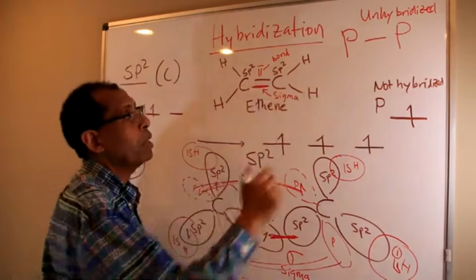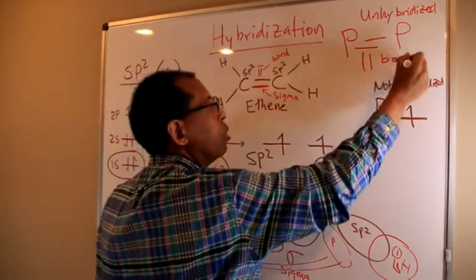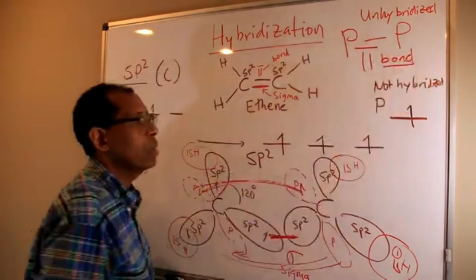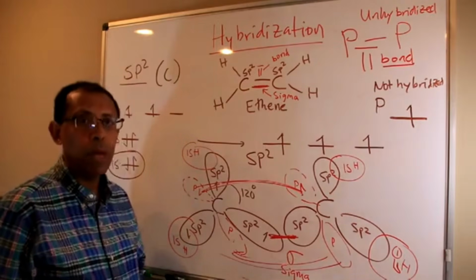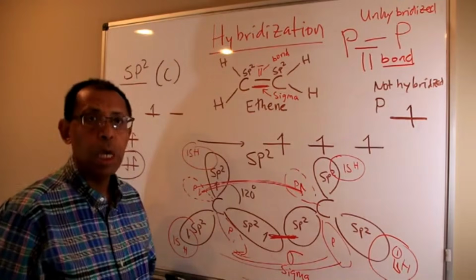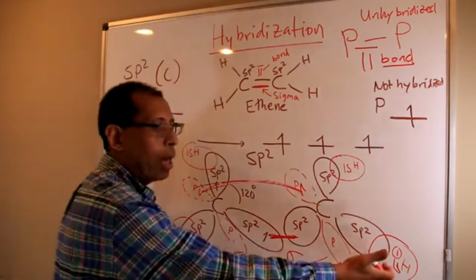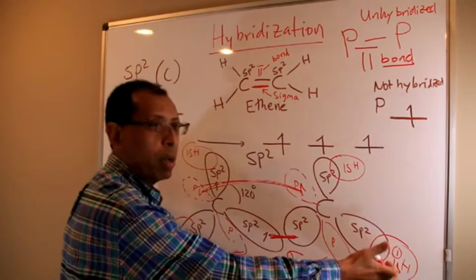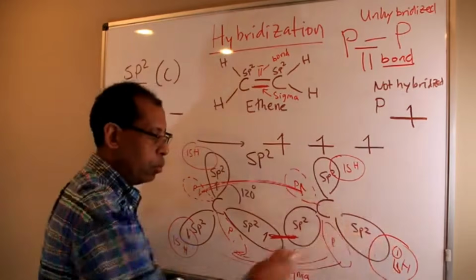So a pi bond is the interaction between two p orbitals. A sigma bond is always made of the interaction between two hybrid orbitals, or the unhybridized 1s orbital of hydrogen with any hybrid orbital like sp2.